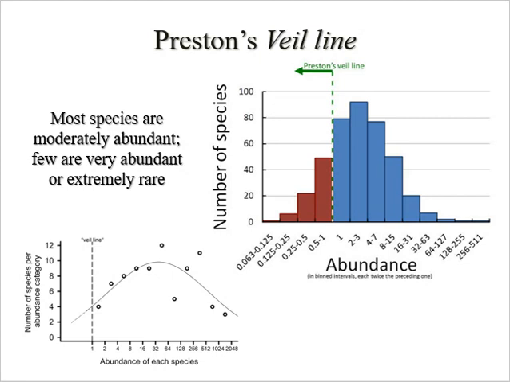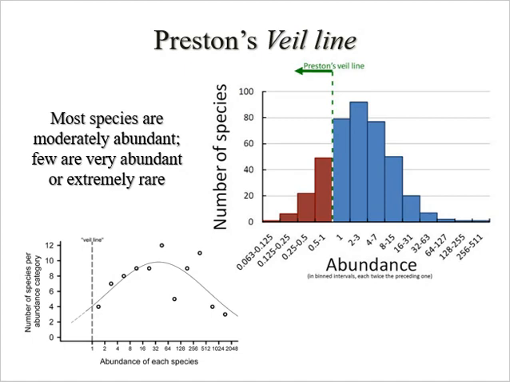Now, when you start off samples, those early samples reveal common species, right? The majority of your species, which are relatively abundant, moderately abundant, whereas those rare species will remain hidden, and they remain hidden behind what Preston coined as the veil line.